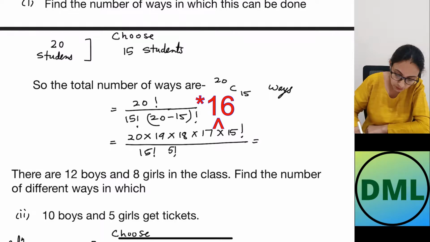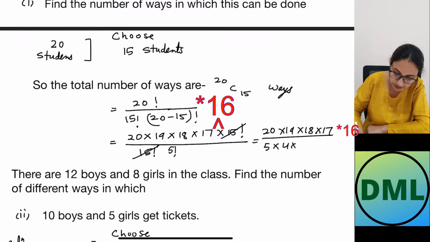The 15 factorial gets cancelled with 15 factorial, leaving 20 times 19 times 18 times 17 times 16 over 5 times 4 times 3 times 2 times 1. If you solve it, your answer will be 15504.